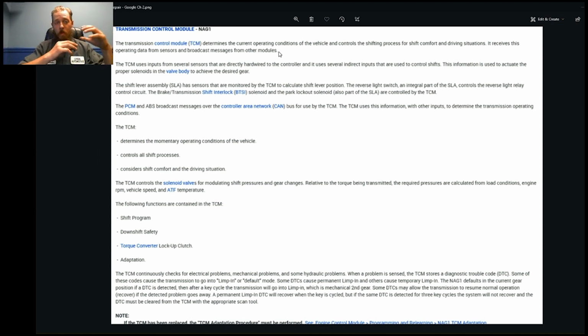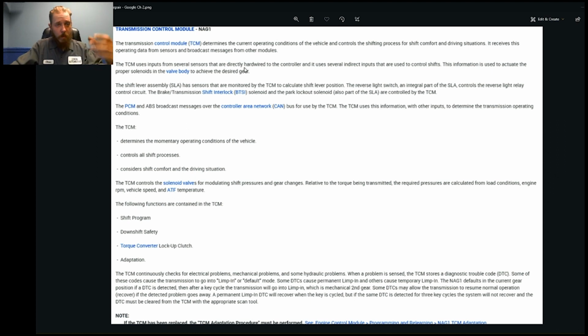So some are direct inputs that it then makes a decision with and buses that information as well as that decision to other modules. And some it makes decisions off of from indirect inputs, in this case bus messages, from, say, the PCM, the BCM, whatever it may be.